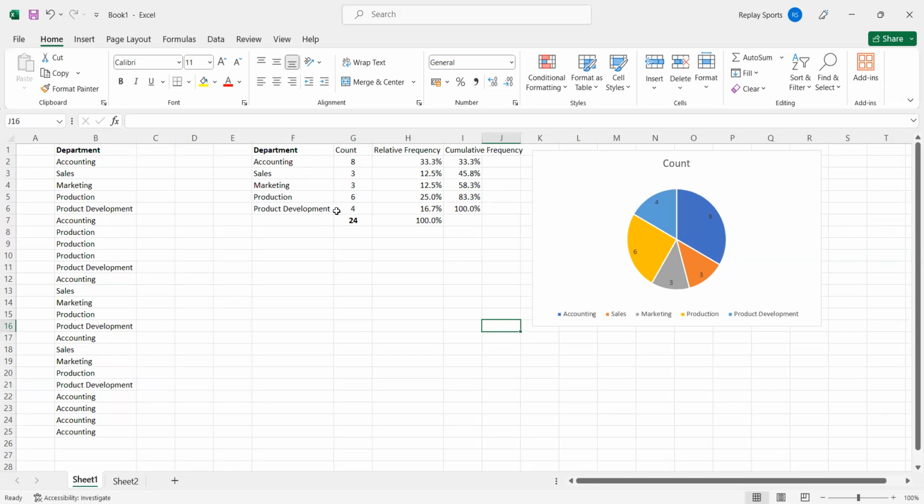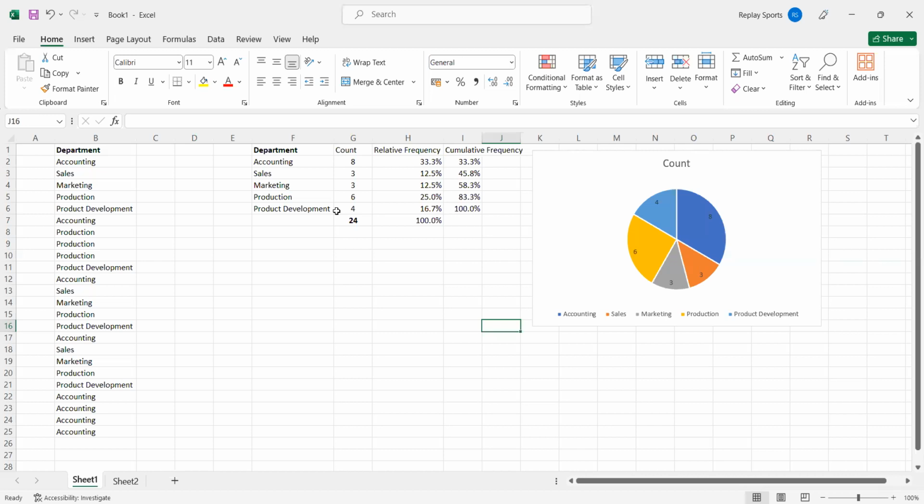How do you know? Middle value. After arranging values in an order, the middle value is median. Correct. So which middle value do you want? Product development?